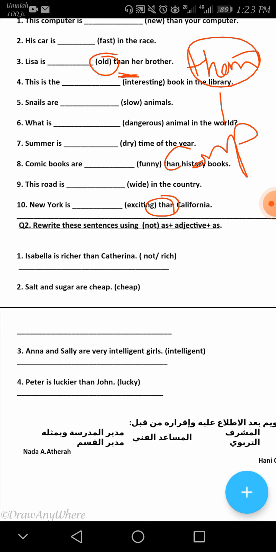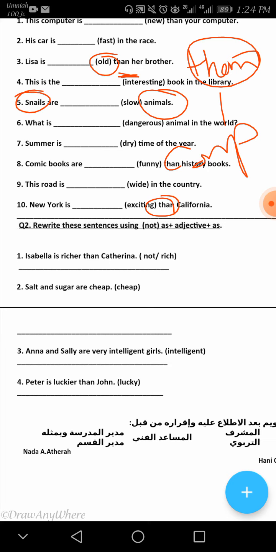Yes, this is the ___ interesting book in the library. Snails are ___ slow animals. قارنت السنيلز بالانيمالز واحد مع كل. What is the ___ dangerous animal in the world? أخطر حيوان في العالم. Summer is ___ time of the year.